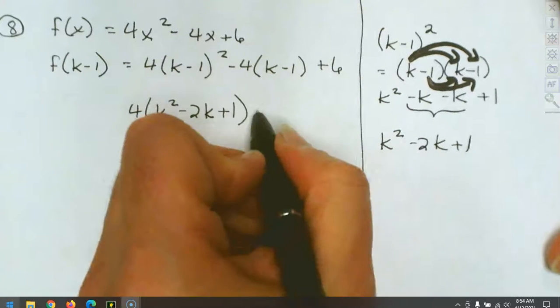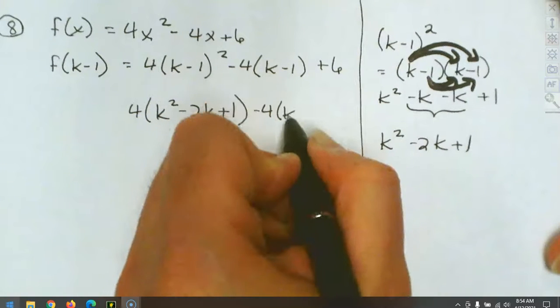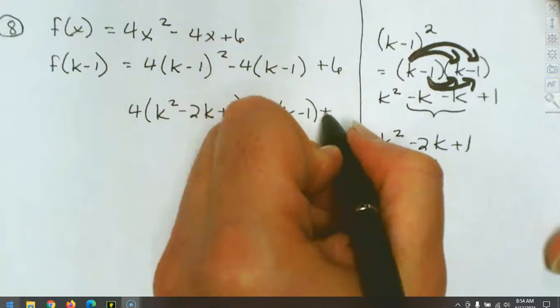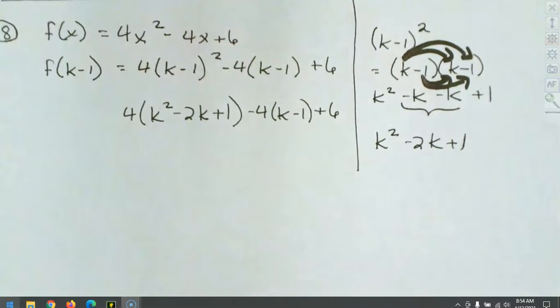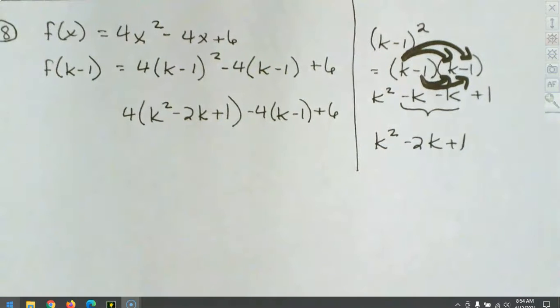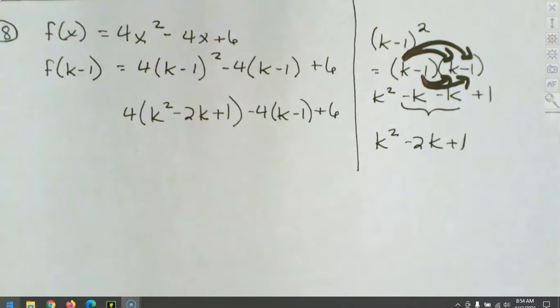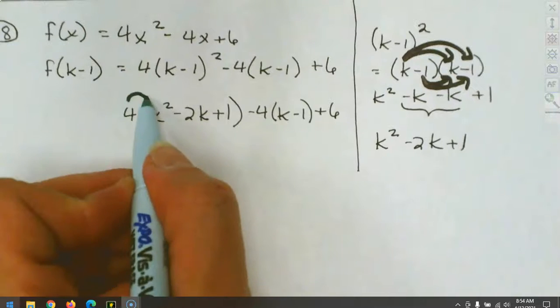And so we'll rewrite that. And now that we have it FOILed, so we did exponents first, and that required us to FOIL. Now we can finish it by simply distributing that 4 through and also that negative 4 through.